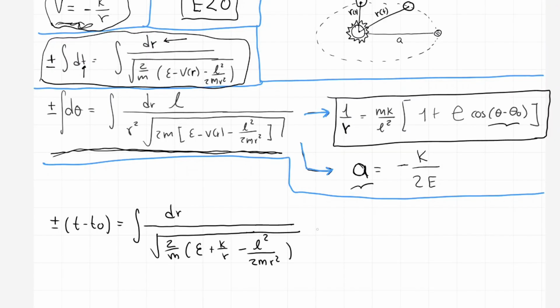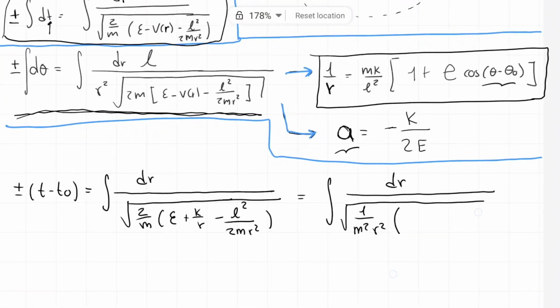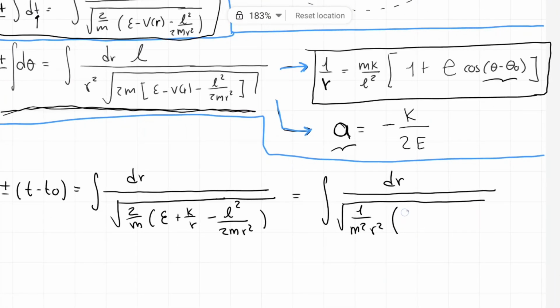Now we are going to multiply everything by 2 and then take a common factor 1 over mr squared. So this is dr all over the square root of 1 over m squared r squared times (2E mr squared plus 2k mr minus L squared).